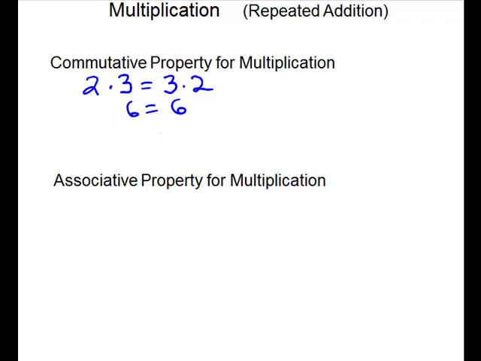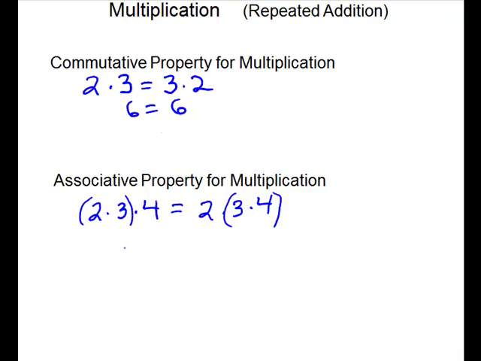We also have the associative property, which is for more than 2 and allows you to regroup and change the order. So if we have 2 times 3 times 4, we might group with the 2 and 3 first. Or if we have 2 times 3 times 4, we might group with the 3 and 4. So the parentheses would say, let's do that part first.